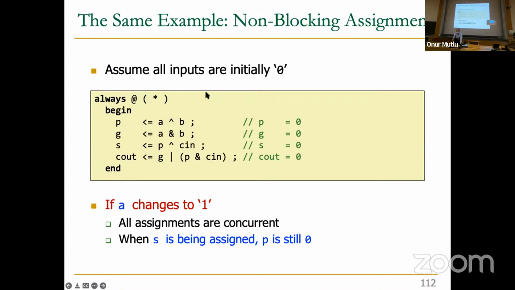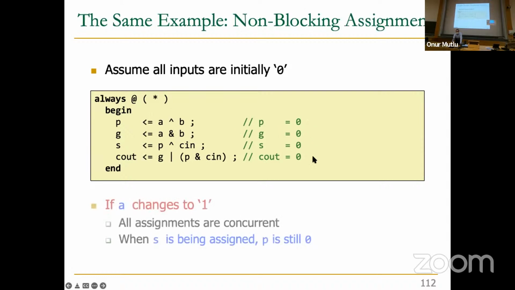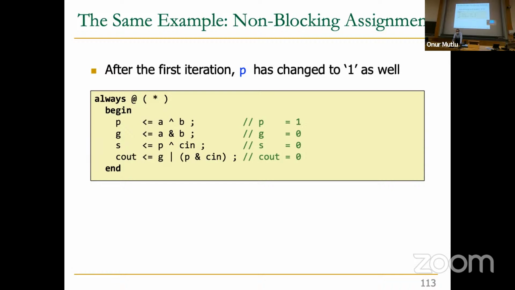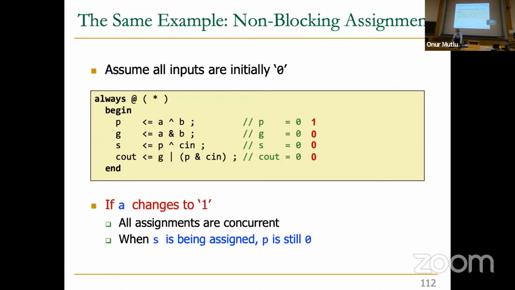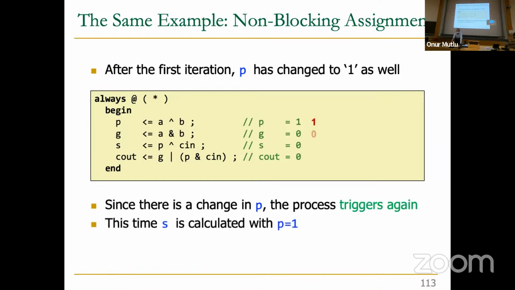So this model is actually a different circuit, as you can see. Basically, the result here is 1 0 0 0, whereas the result here was 1 0 1 0. It's best for you to go over this and figure out how this works. This is the same example, non-blocking, and P changes. Then you get a different result.